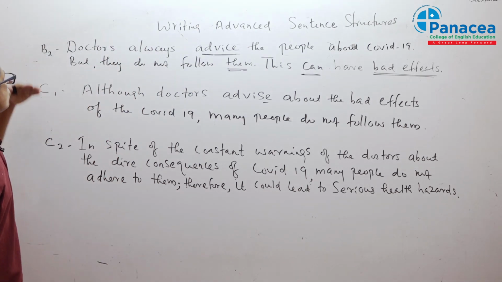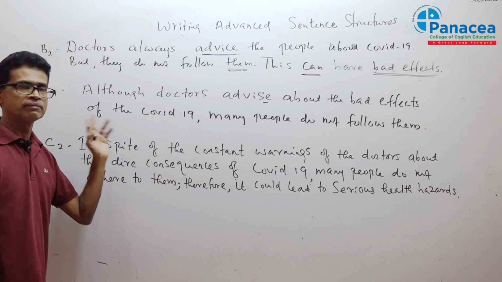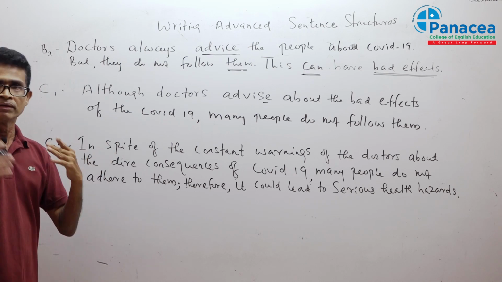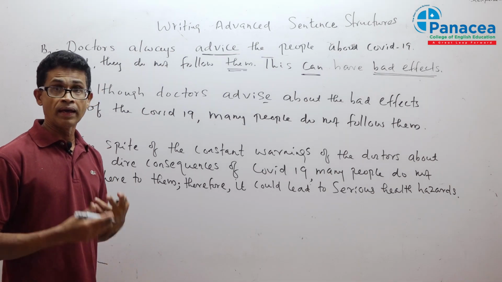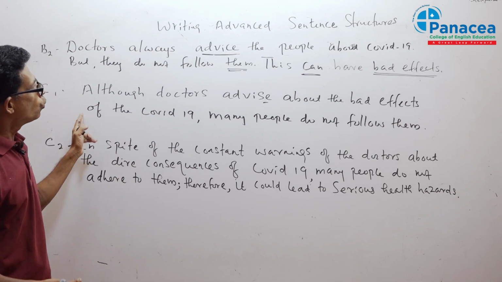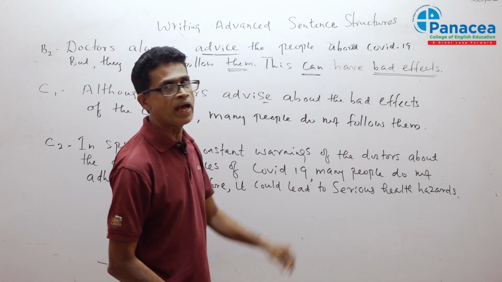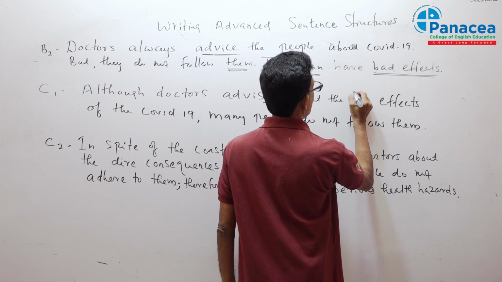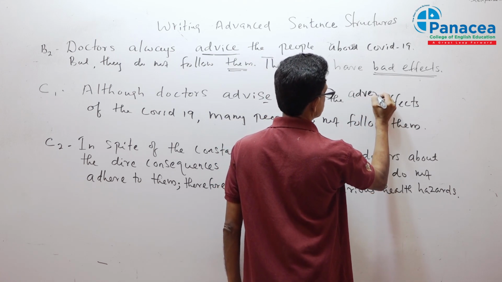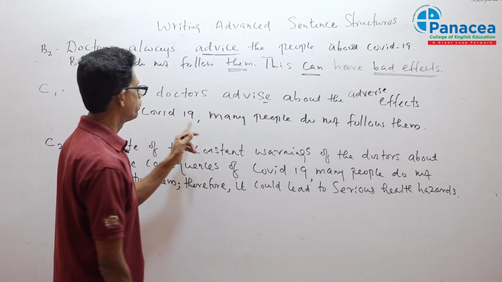So if you can develop this sentence into C1 level, actually this is not C1 level, but you should be able to write something advanced. So, "Although doctors advise about the adverse effects", we can change this into adverse effect. This is better than bad effects of the COVID-19.